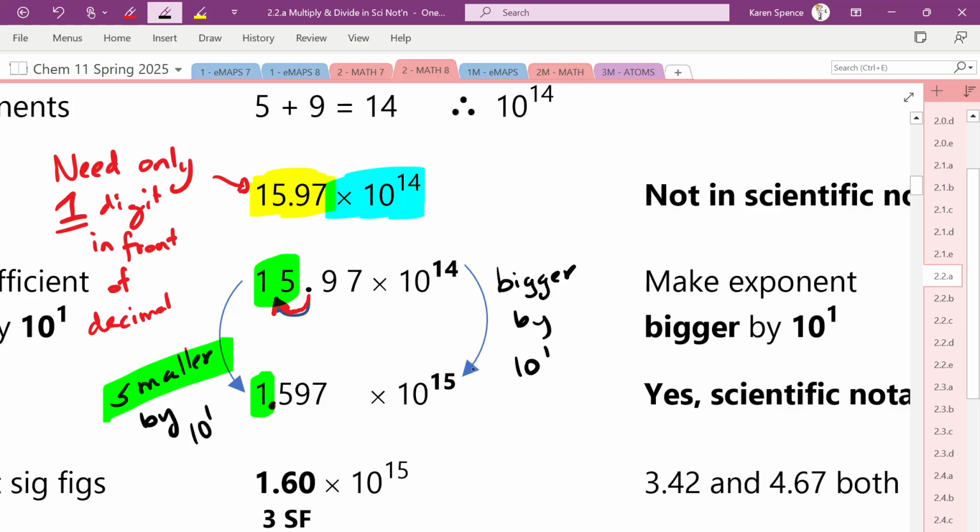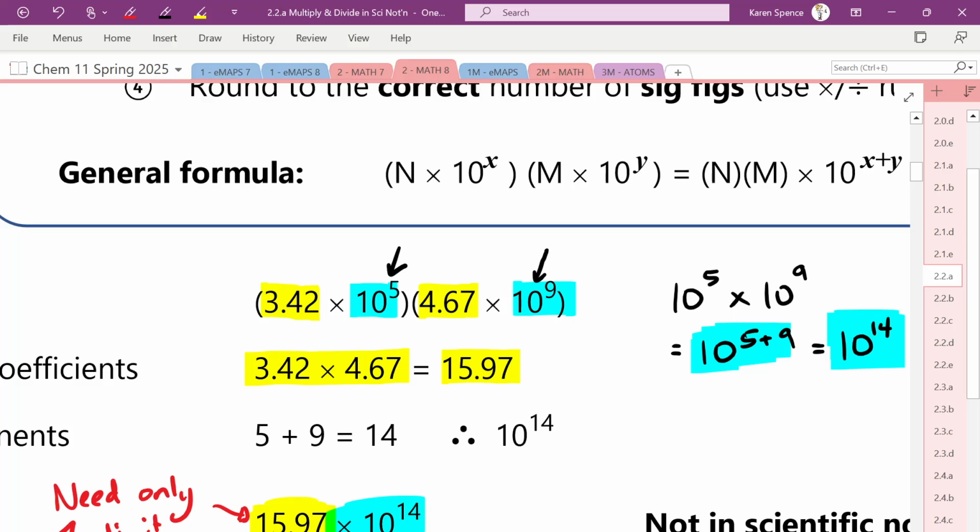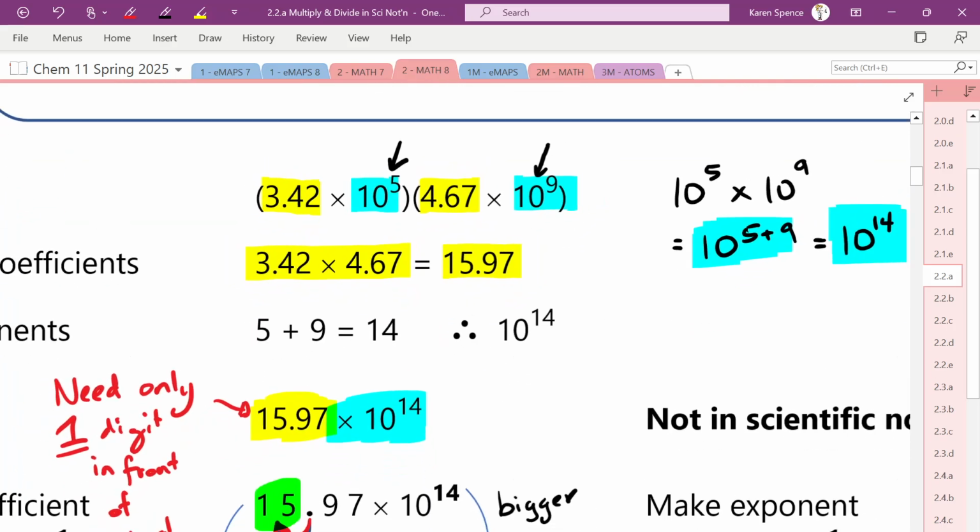All right? And wouldn't it be nice if we were done? But remember, we're doing sig figs here, and this is a multiplication question. So are we looking at the uncertain digit, or are we looking at the number of sig figs? Number of sig figs. So we go back to our question and we say, in my coefficients, I had 3 sig figs and 3 sig figs.